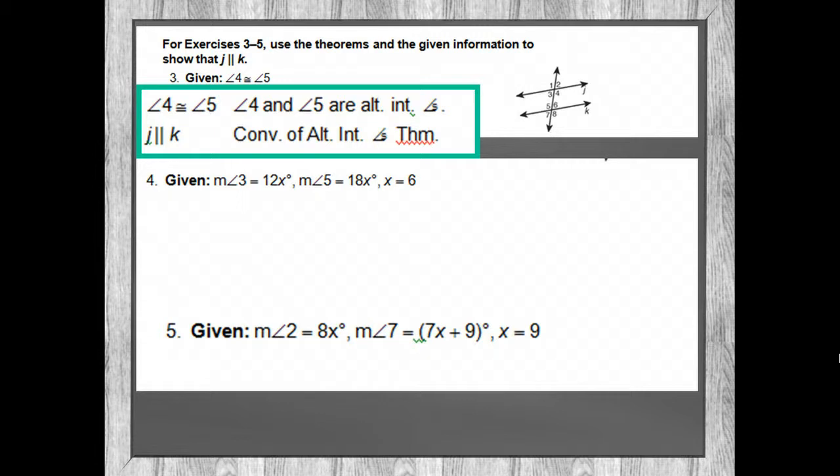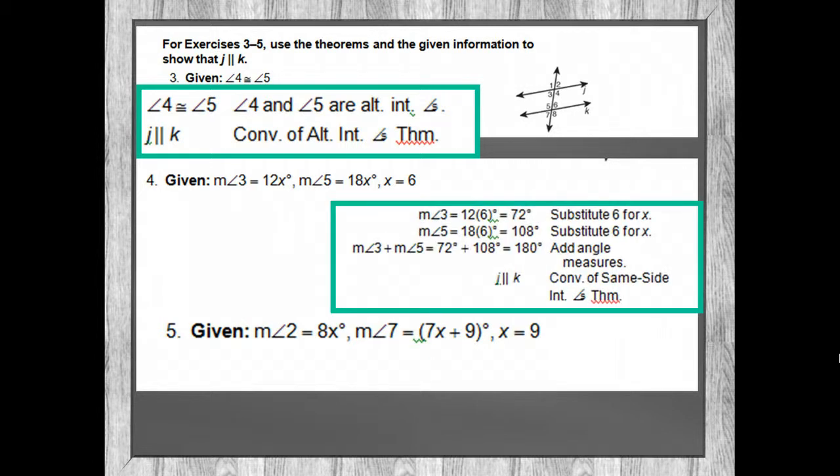We're given measurements for angle 3 and 5 and that x equals 6. If we substitute 6 in for x, we find that we have two angles, 3 and 5, which are interior same side, and they equal 180 degrees together. Since they are same side interior angles and they are supplementary, then J is parallel to K.